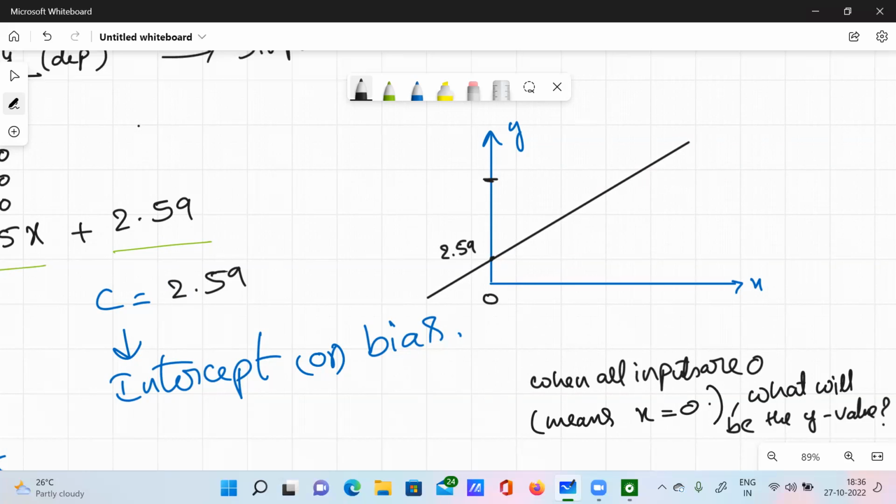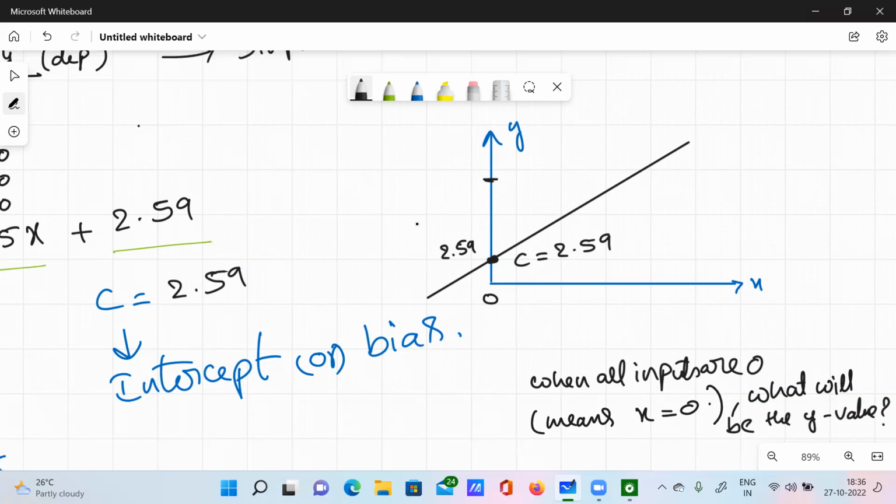This particular point where our best fit line is cutting the y-axis is nothing but the intercept, that is our C value, 2.59. So mathematically, the intercept is where our best fit line actually cuts the y.